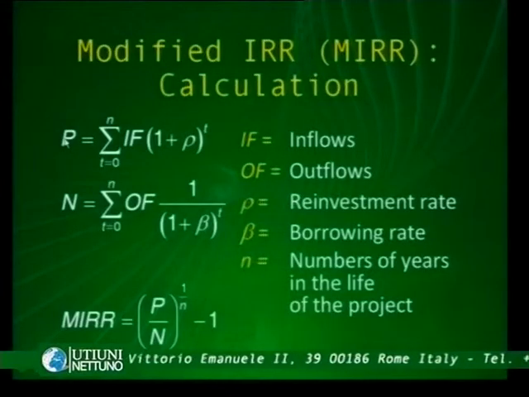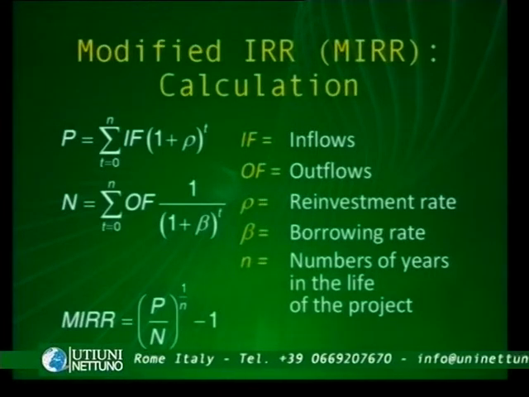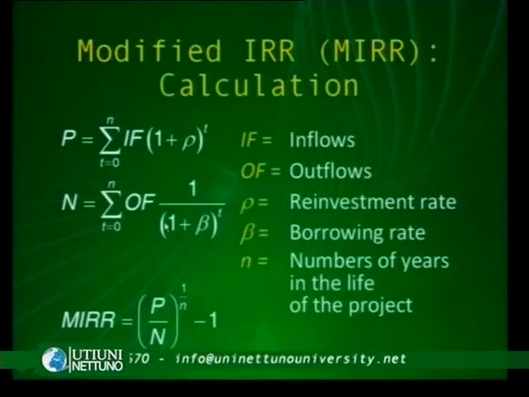What is instead N? As we were anticipating when giving the definition of the modified IRR, N is the present value of all the outflows that are generated in the life of the project, discounted using a borrowing rate as discount rate.